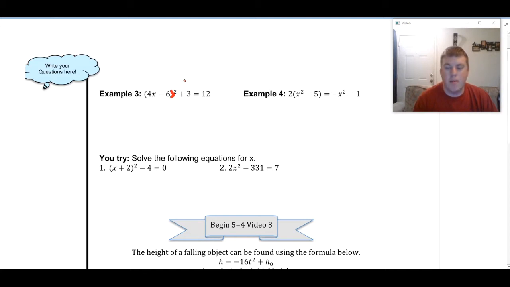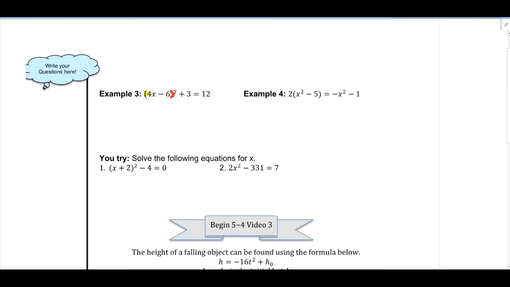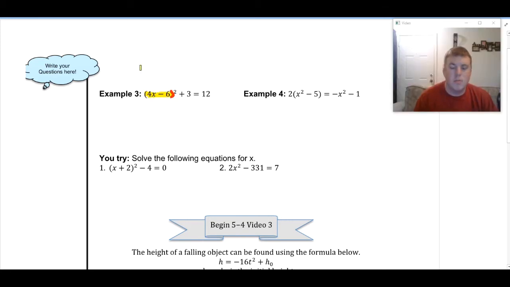So I do have all my variables on the same side of the equation, so then I'm going to need to move on. Now, one thing that I'm going to see that's a little bit different and a little bit outside of those instructions is that my squared term is actually the 4x minus 6. So before I take the square root, I'm not actually looking at getting the x by itself. I have to look at getting that whole squared piece by itself first.